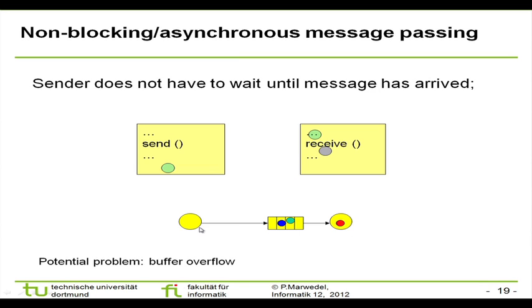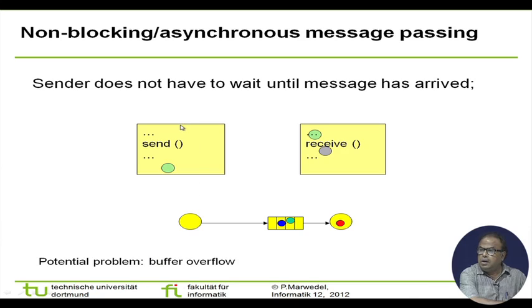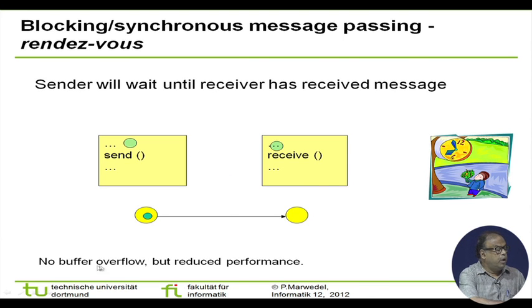And if the buffer is full, then the messages that it is sending will not get a place and will be lost. The sender is not keeping any tag on the status of the messages sent. That will not impede the flow of the sender, but we can have the buffer overflow problem. In the blocking case, we will have no buffer overflow problem, but the performance may be reduced. I will not say will be reduced, but may be reduced.